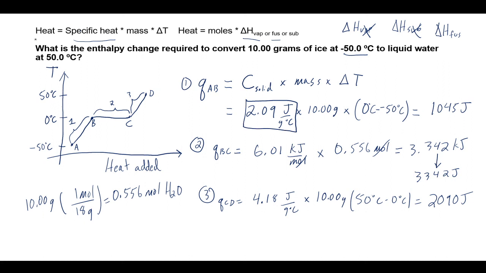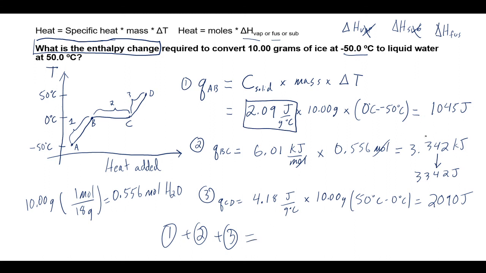And so in total, the total enthalpy change is 1 plus 2 plus 3 of those processes, not those numbers.